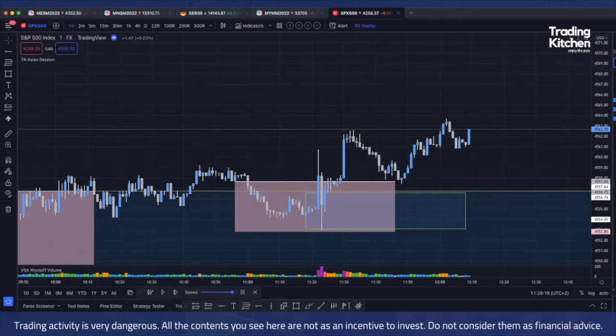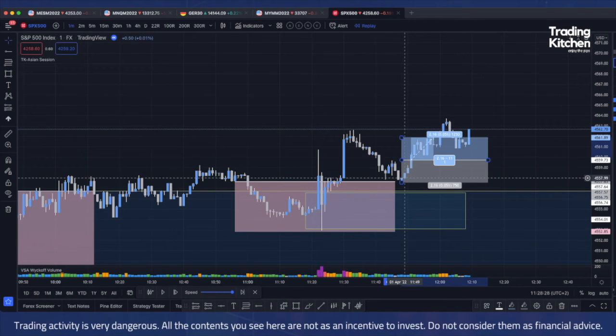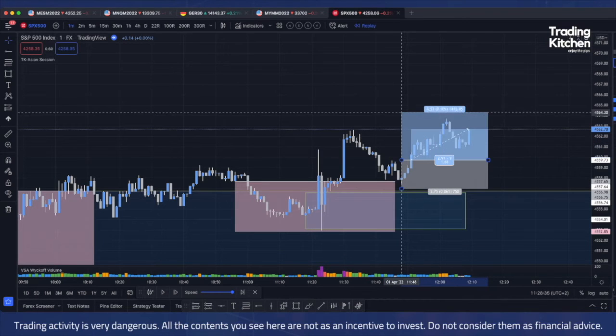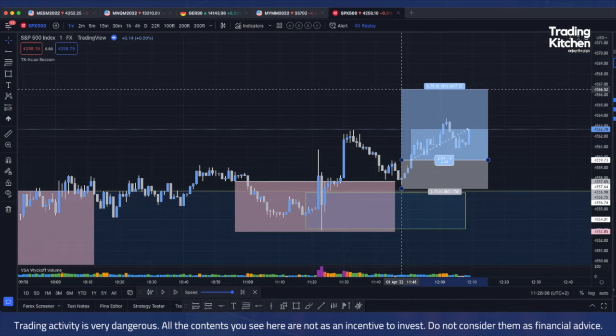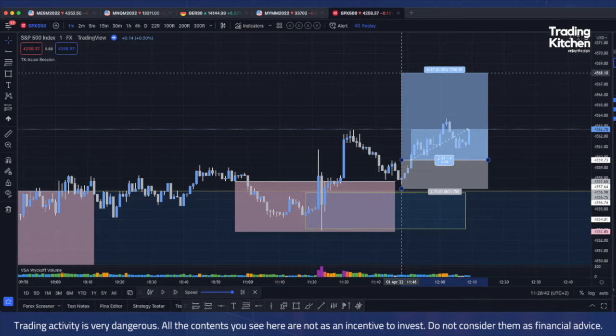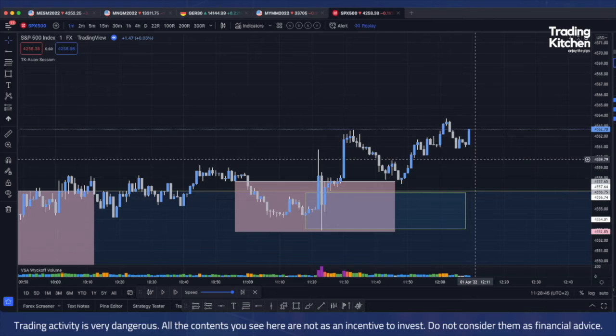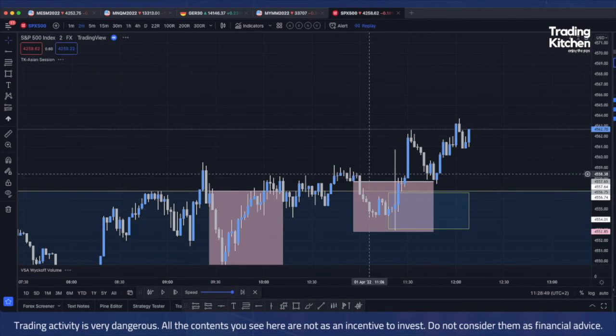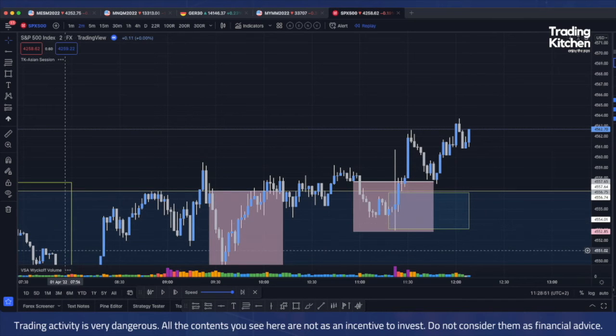So I don't take this trade because I have already seen how it's going on, but you can do it like this, okay. I usually don't consider the 1 minute time frame, to be honest, because it's too quick and there are too many fake signals. But this is a good trade. Okay, so let's jump into the 2 minutes chart and let's see what's happened.